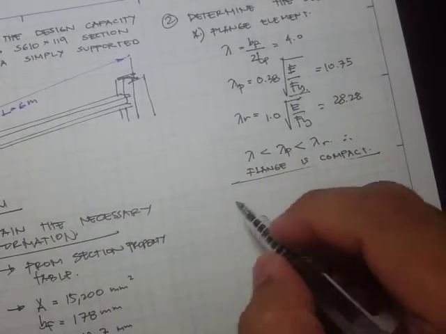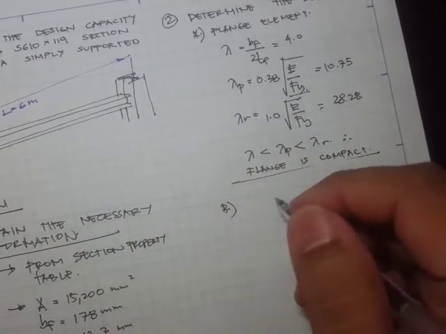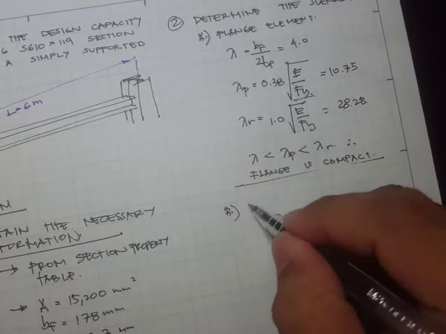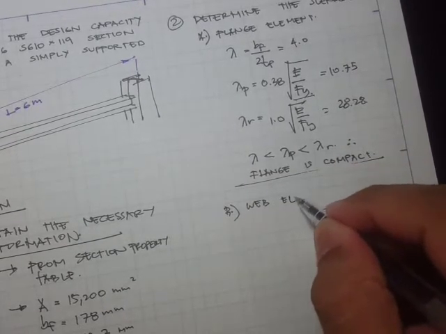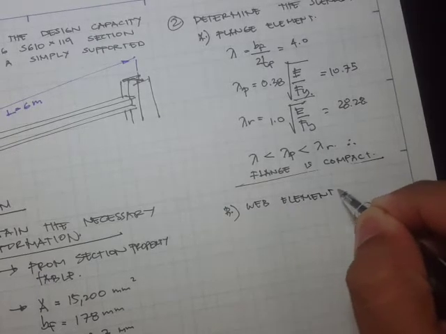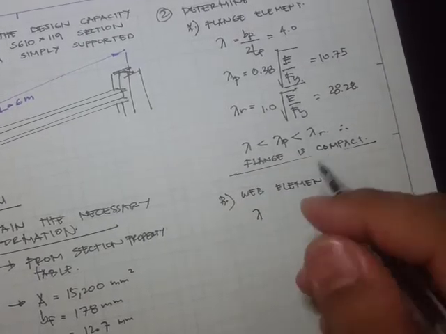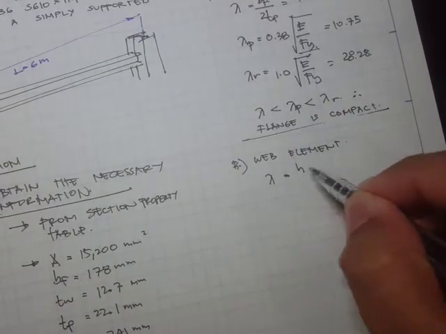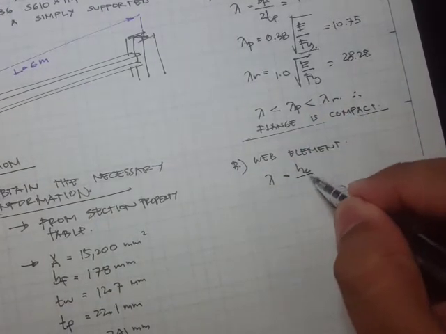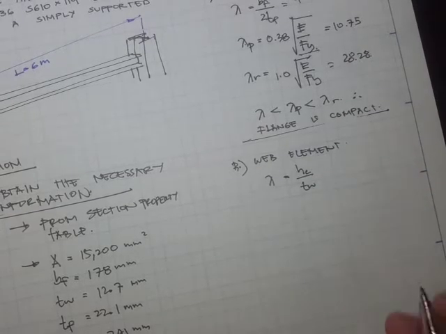The next step is to check the slenderness of the web element. Our lambda is h sub c over t sub w, and that's from the table.